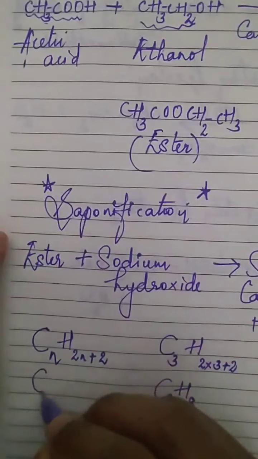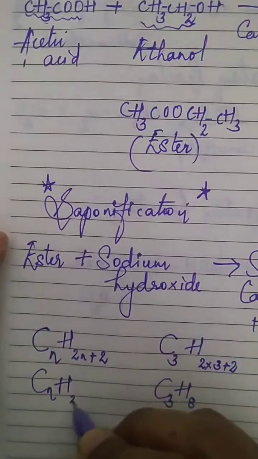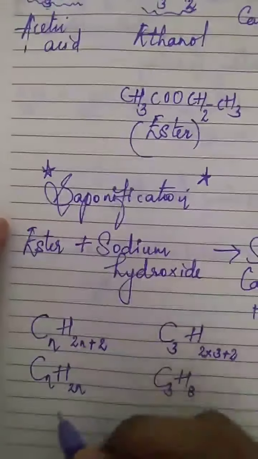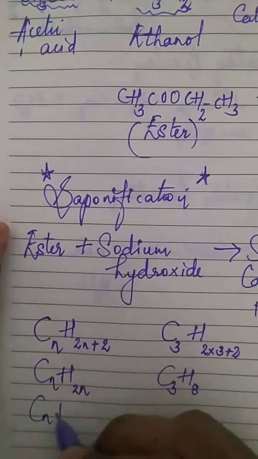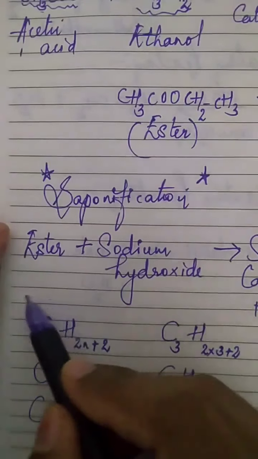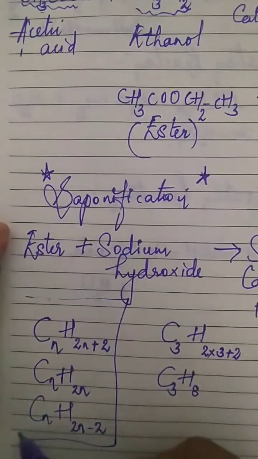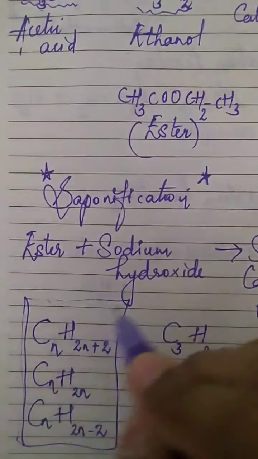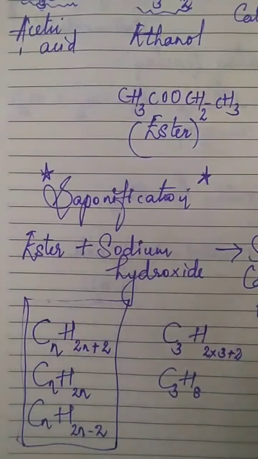For alkene, you have CnH2n, just this much. And for alkyne, you have CnH2n-2. Okay, from this formula, you can predict the number of hydrogen atoms present in a carbon compound, and this you can use only for straight chain.